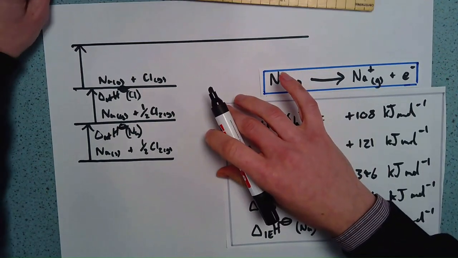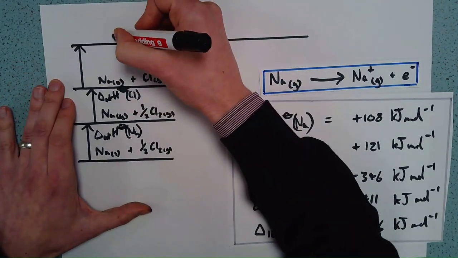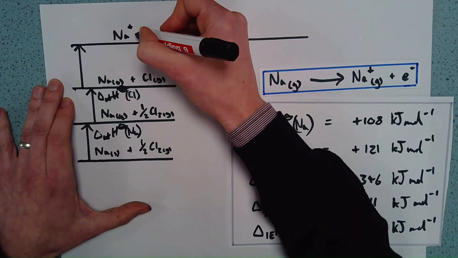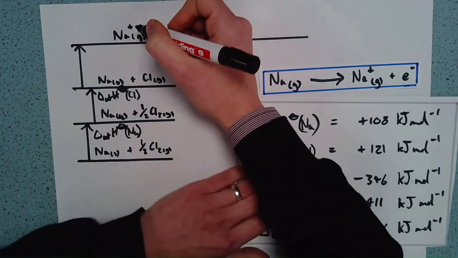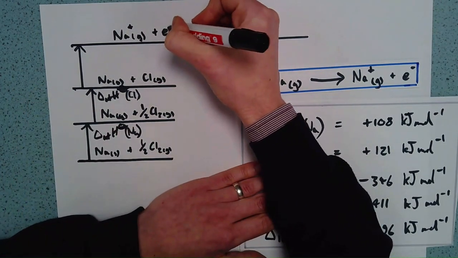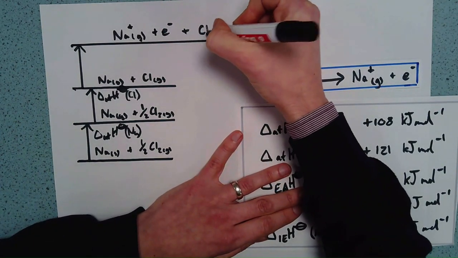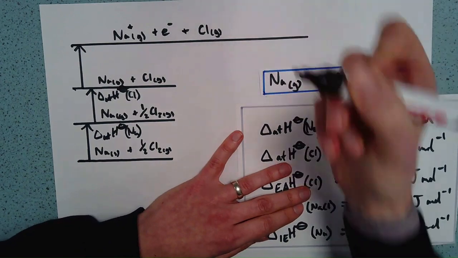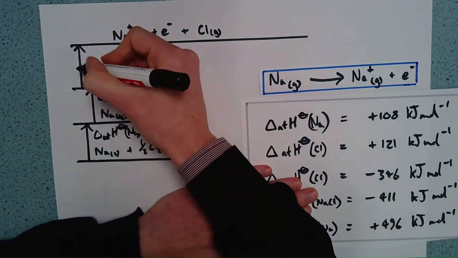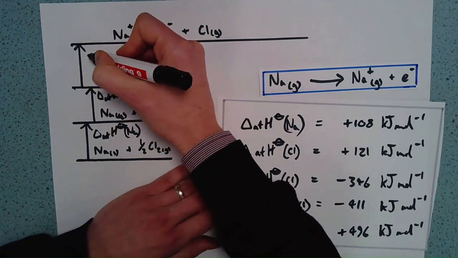And you can drag this line across a little bit further. That means we have Na plus gas. We have now got an electron as well. And we still have the Cl gas atoms there. And I'm going to put my energy change on here.